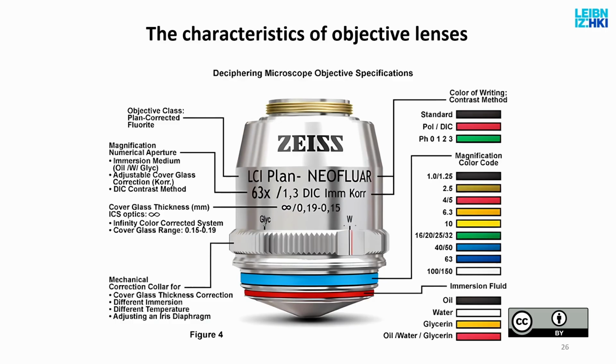But basically, what I wanted to point out right now is these color codes, which will indicate, for example, is the lens corrected for, I don't know, chromatic aberration, and if so, what pair of wavelengths is compensated.